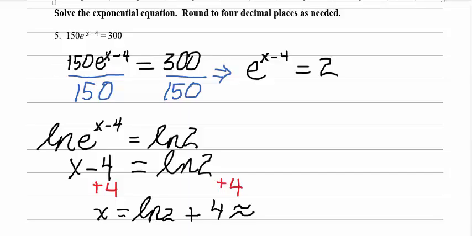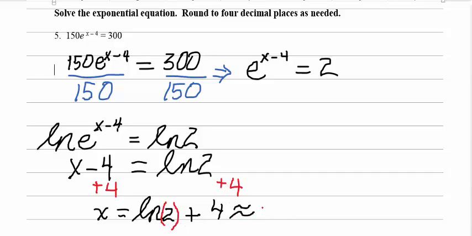Many of the calculators work where you are going to hit the log button and then enter the 2. If your calculator starts a parenthesis when you hit the log button, you have to make sure you close that parenthesis out and then do your plus 4 after closing that parenthesis out.